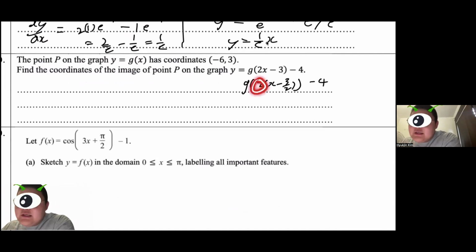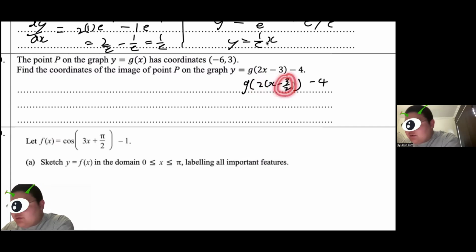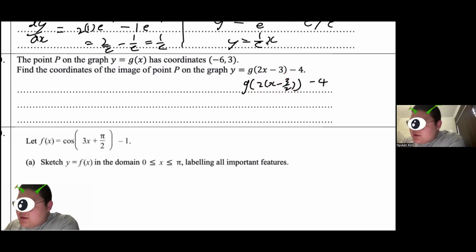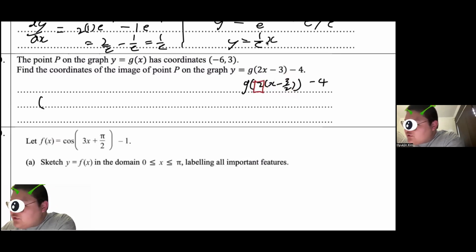There's a dilation first, and then there's a translation by 3 on 2. So we first do the dilation of 2, which becomes negative 3, comma 3. And then we do the movement right by 3 on 2, so it becomes negative 3 on 2 now, comma 3.